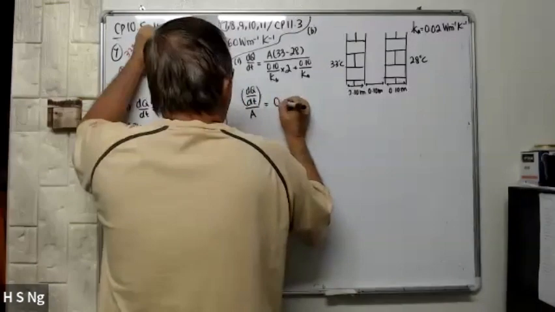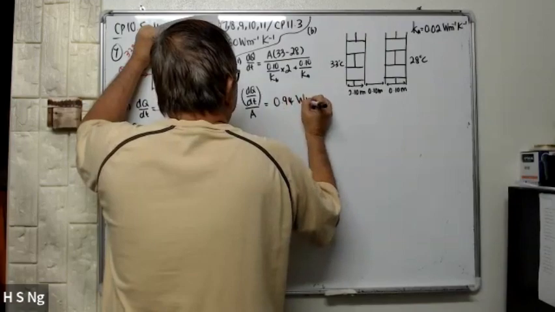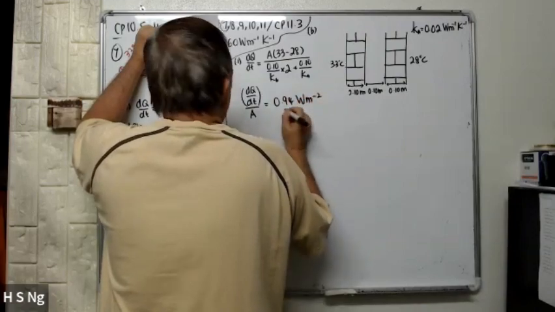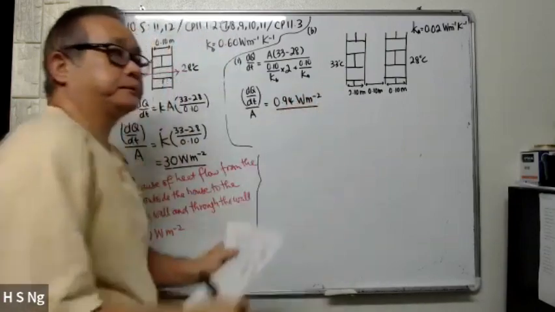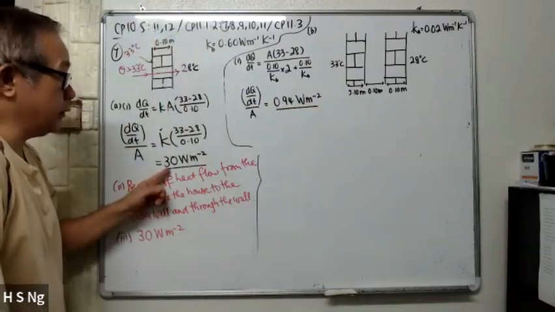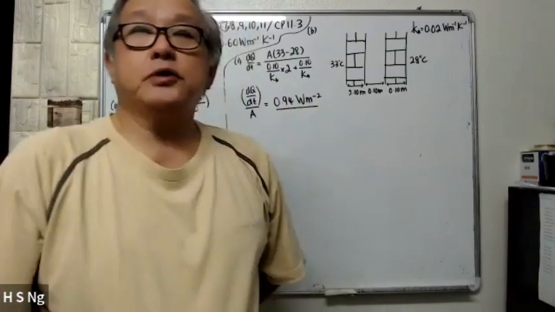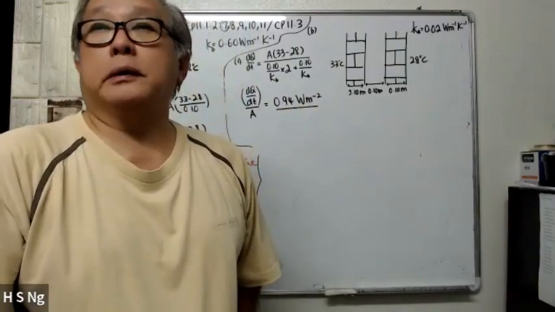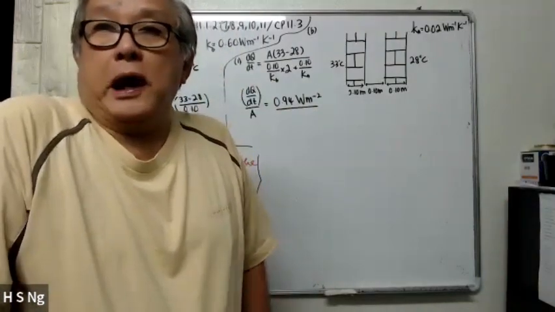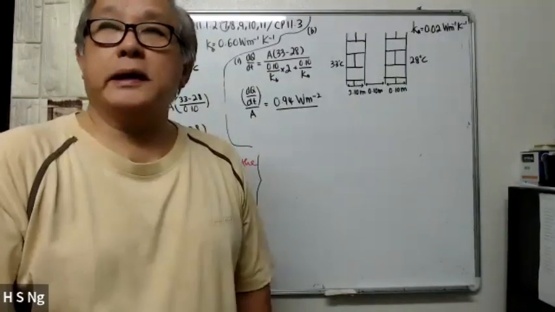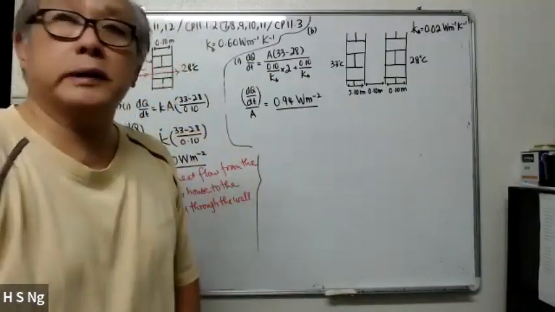And now you get 0.94 watt per meter square. See, just now 30 watt per meter square, now it's 0.94. That means the insulation has improved a lot. So your house is cooler than outside, your house will remain cooler for a much longer time.